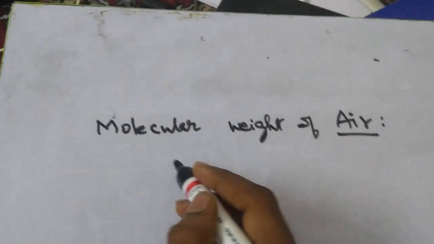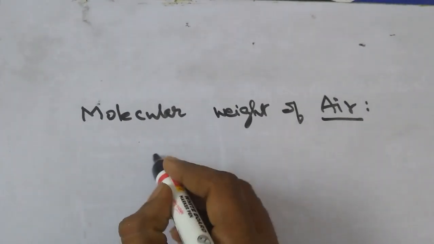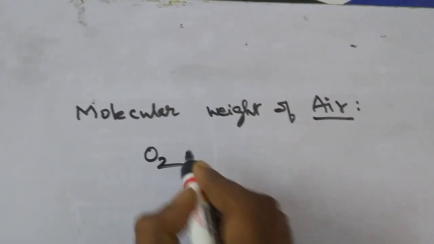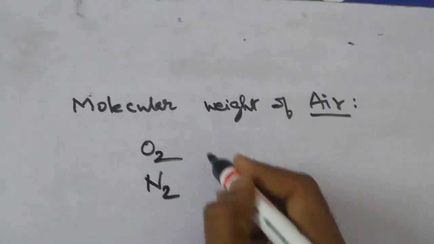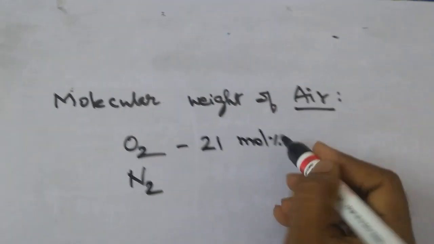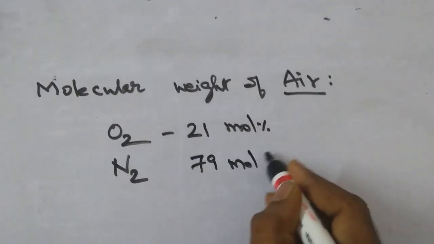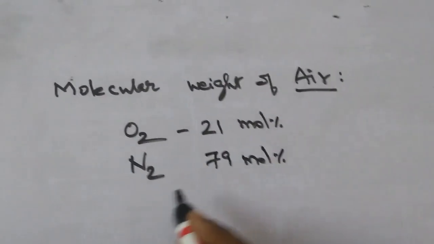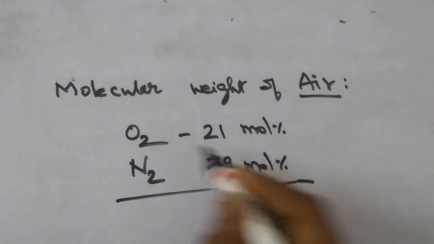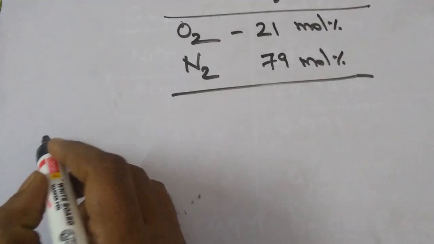What is the assumption we have made? A pseudo average molecular weight: we assume that everything other than oxygen is nitrogen. So 21 mole percentage of oxygen and 79 mole percentage of nitrogen are present. This is the composition. For this composition, what is the average molecular weight? How do we do that?